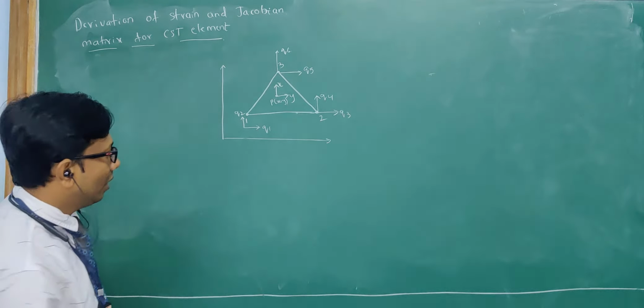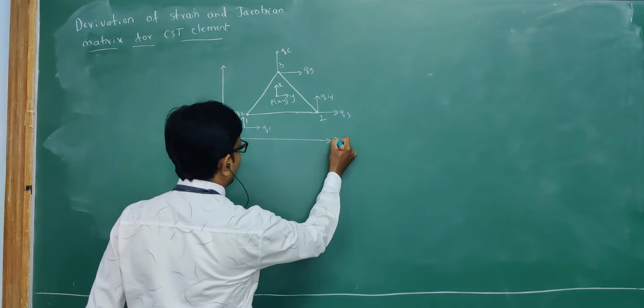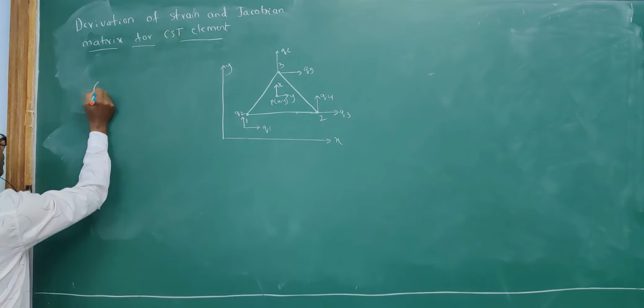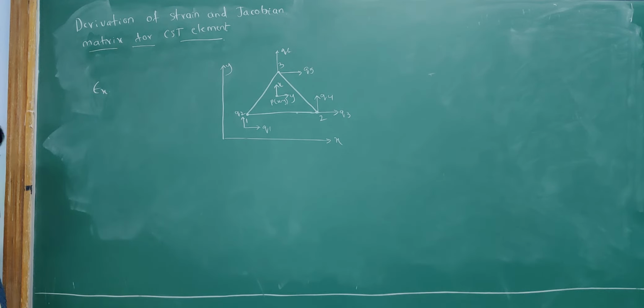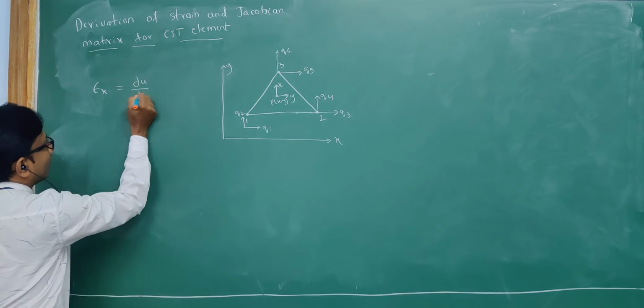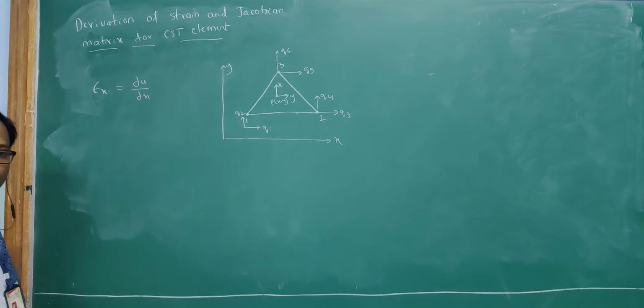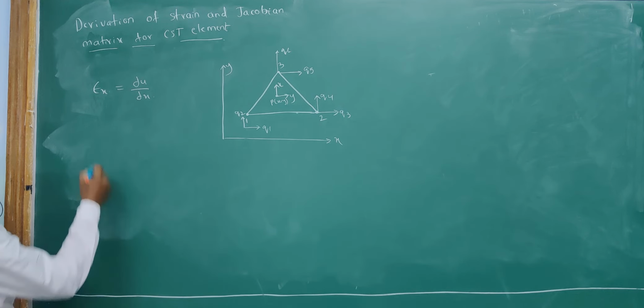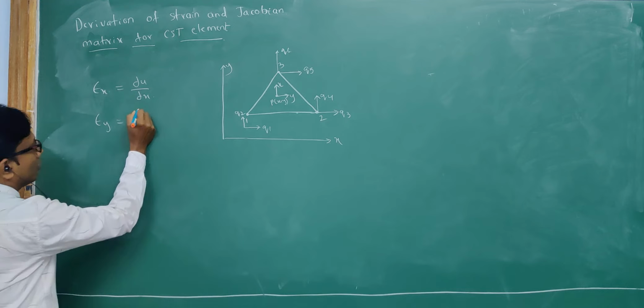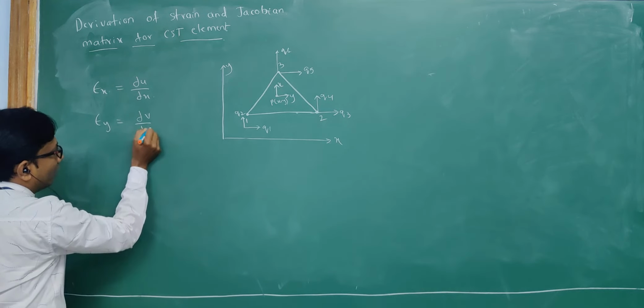For a planar stress, we will be writing the strain first as epsilon x, which is the strain in the x direction, and we write it as dou u by dou x. Next we write the strain in the y direction as dou v by dou y.